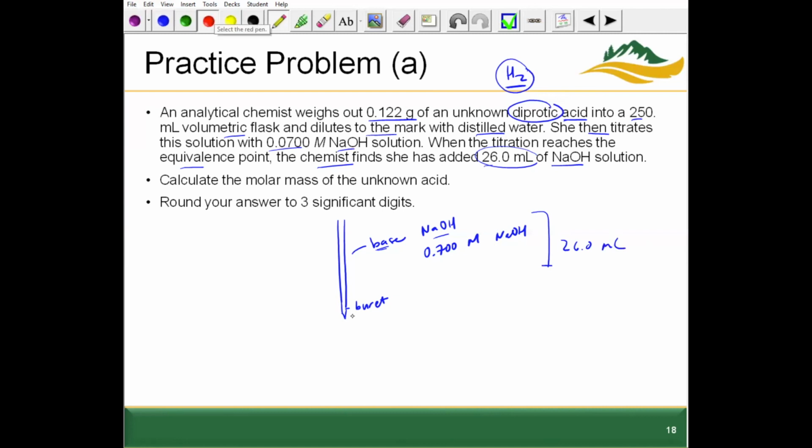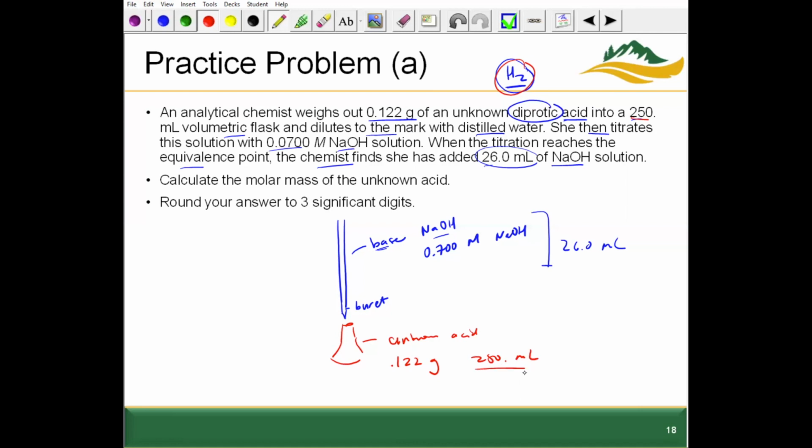Now in an Erlenmeyer flask, this is our unknown acid. We do know that it's diprotic, so it's going to have H2 in the chemical formula. What else do we know? We have 0.122 grams of the unknown acid, and it's in a 250 mL volumetric flask.